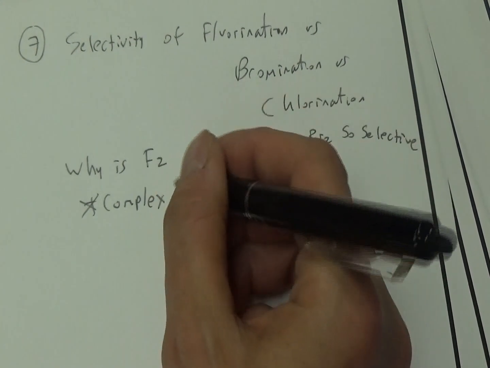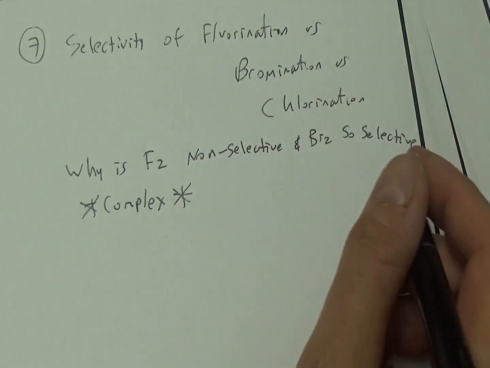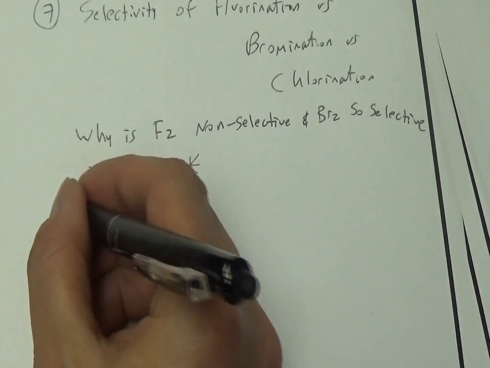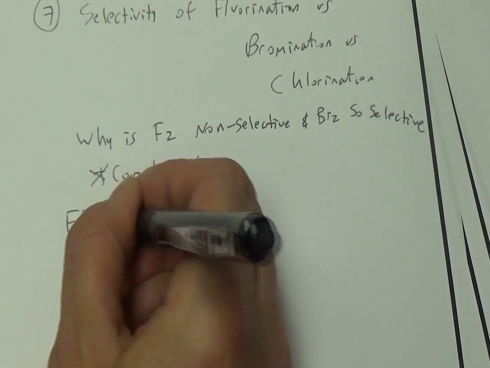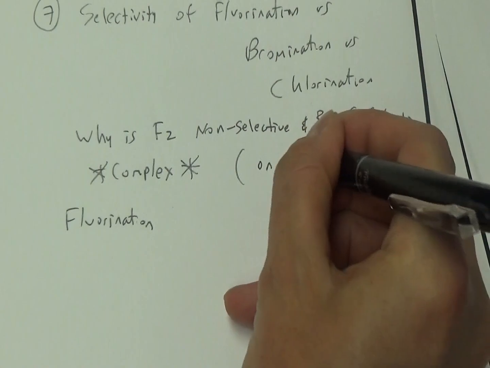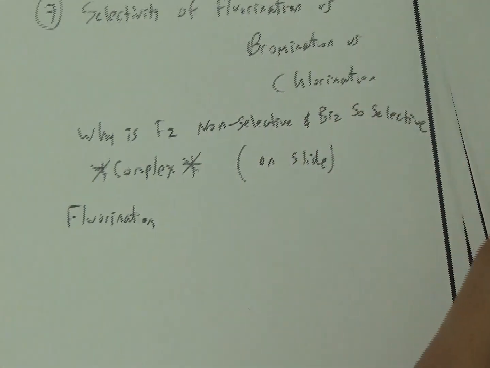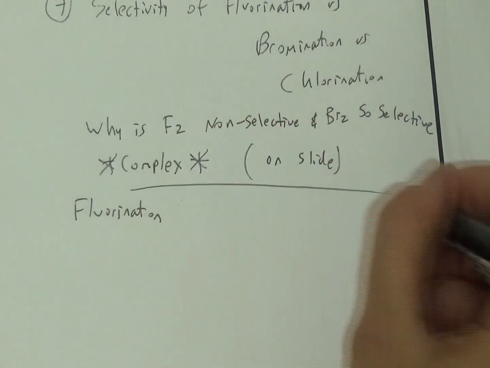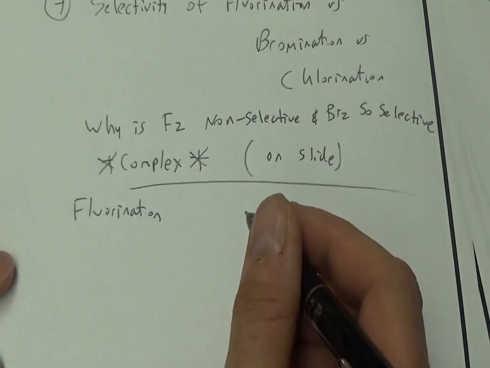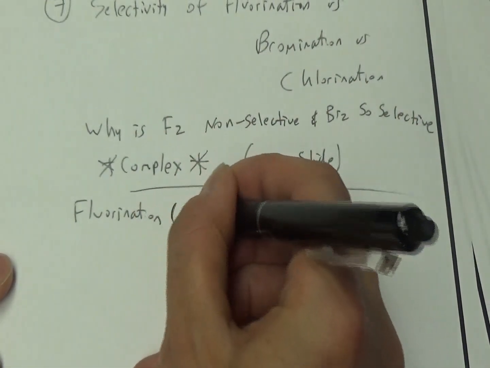But it's still understandable. There's a little bit of theory here. Alright, so we're first going to talk about fluorination. Also, these are on a slide, so I'm going to draw it out, then I'm going to show you the slide. So, fluorination is non-selective, we know that, right?